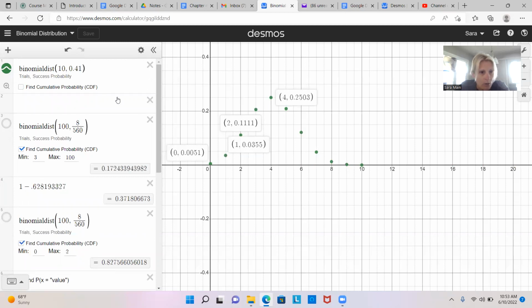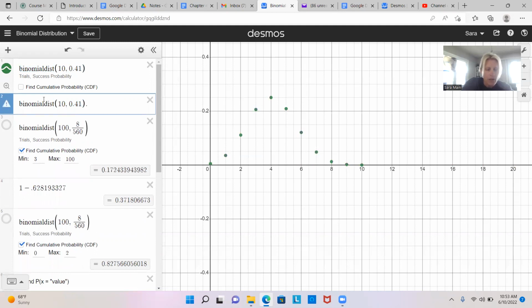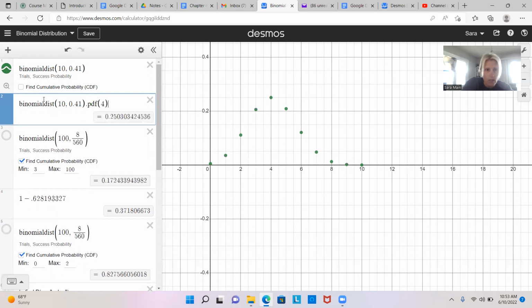Now you can also do a particular one: if I were to copy this and then paste, and then at the end do dot, and then do PDF and put exactly what you want. So if I did the 4, it would give me that particular value I'm getting from the graph. So you don't have to go to the graph to get those. If you're looking for an exact one, you just do .pdf and then the one that you're looking for.